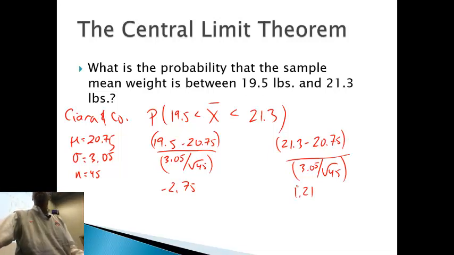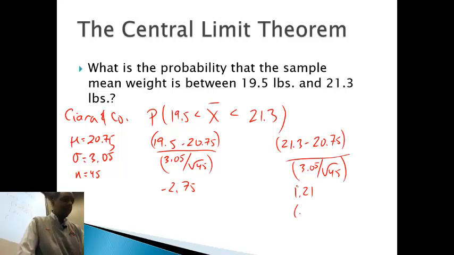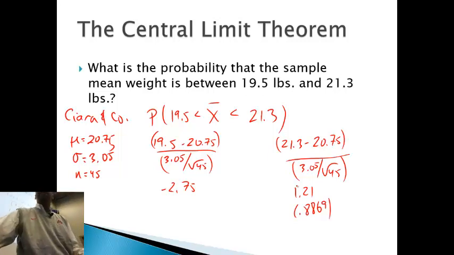1.21 is 0.8869 from the chart, and negative 2.75 is 0.0030. Yes.